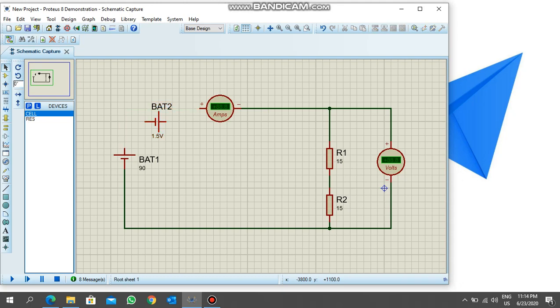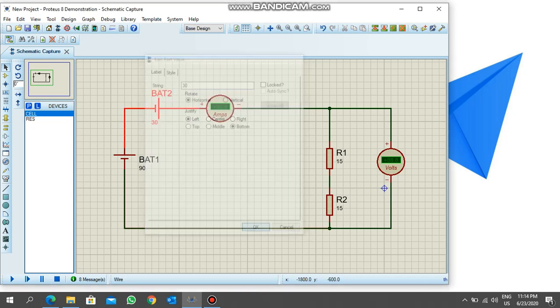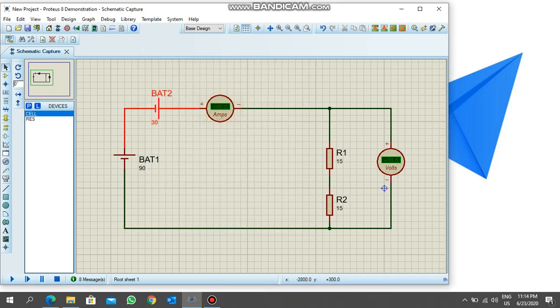You can delete this connection. We can change this value to 30 volts. So now we have two voltage sources. One source is 90 volts and another battery is 30 volts.